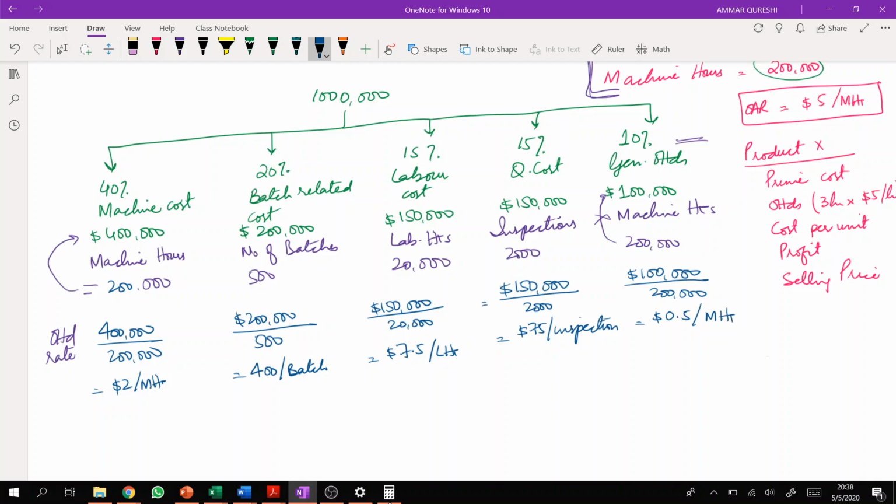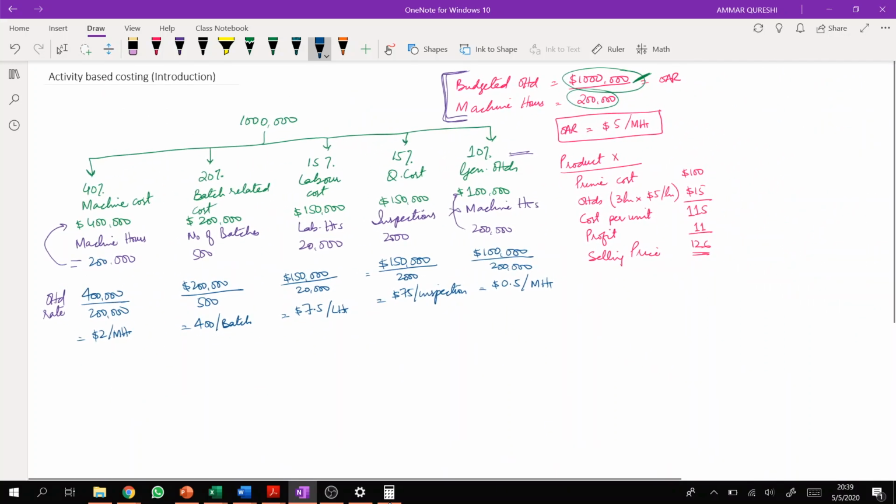So what is the difference? Difference is that in absorption costing we just calculate one overhead recovery rate, and we distribute all overheads on the basis of a single rate. In activity based costing, the same 1 million overhead is distributed among multiple groups, and we absorb overheads of each group separately.